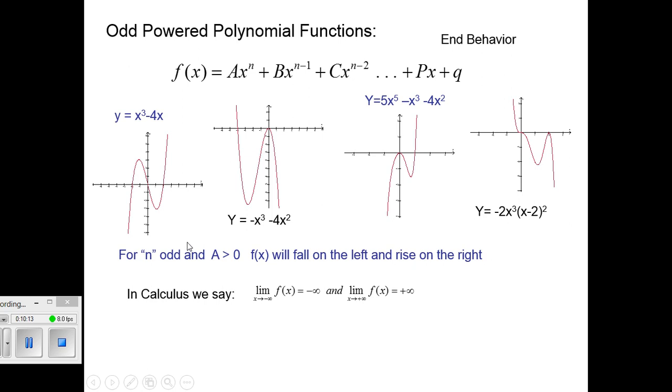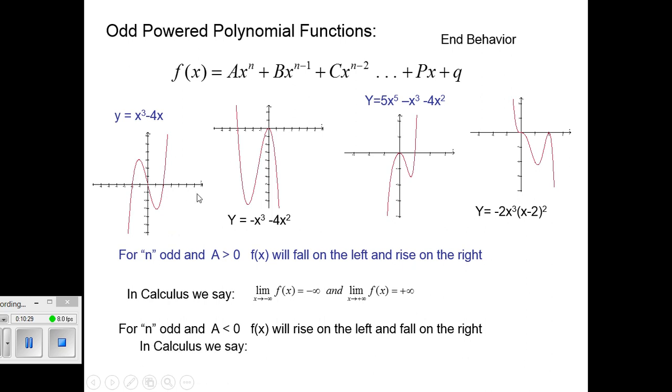For odd power polynomials with lead-off positive, as we move towards negative infinity, the function just drops down to negative infinity. As we move towards positive infinity, the function just continues to rise towards positive infinity. And just the opposite for the lead-off term being negative.